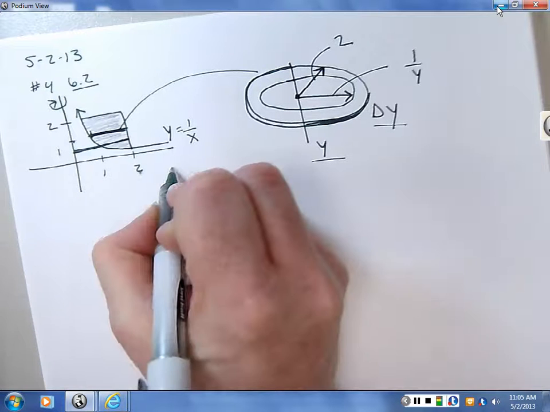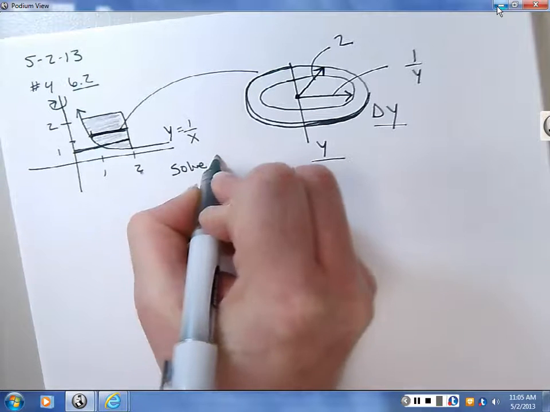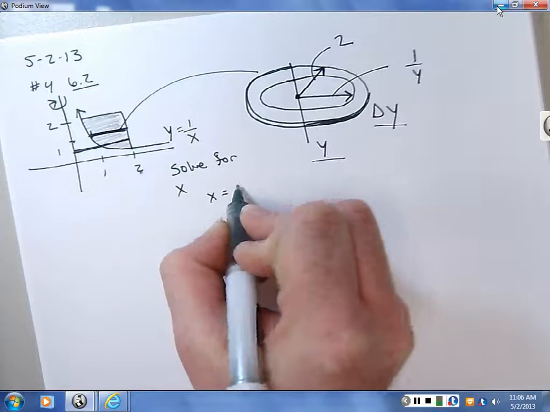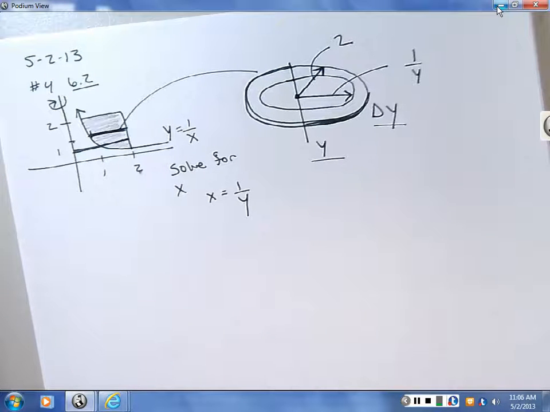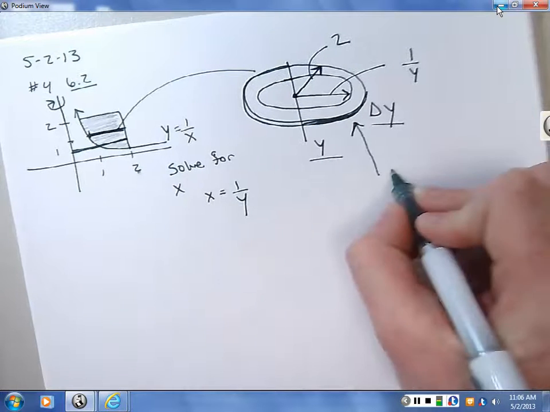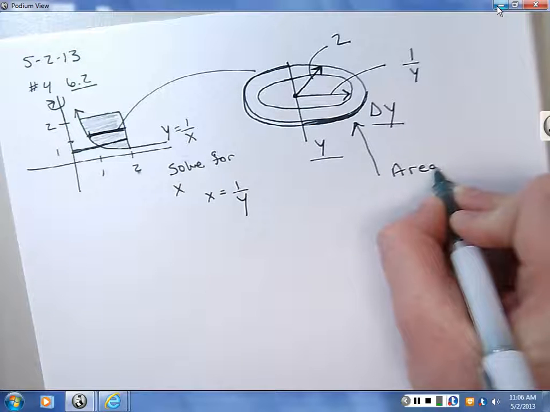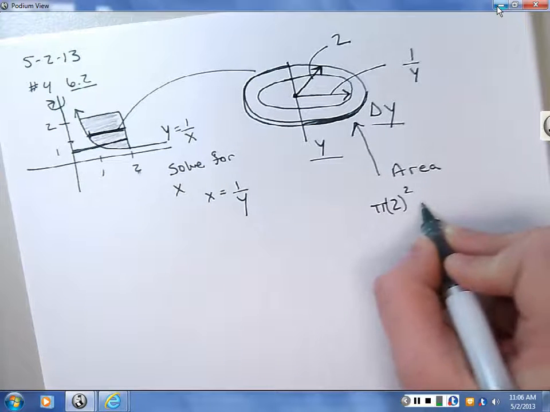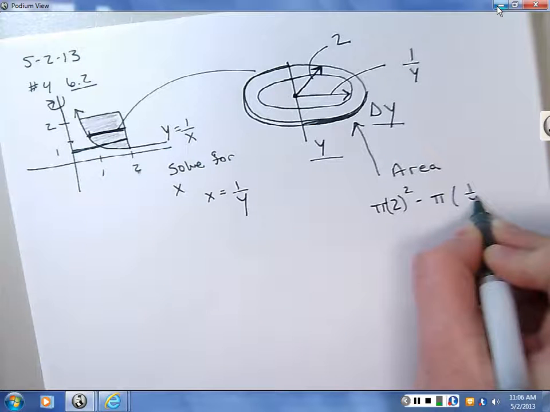So if I solve for x, I get x equals 1 over y. So what is the area of a cross-section? It will be pi 2 squared minus pi times 1 over y squared, right?